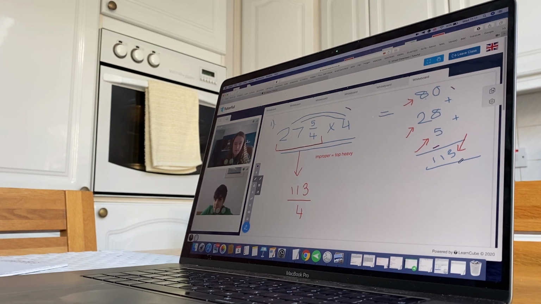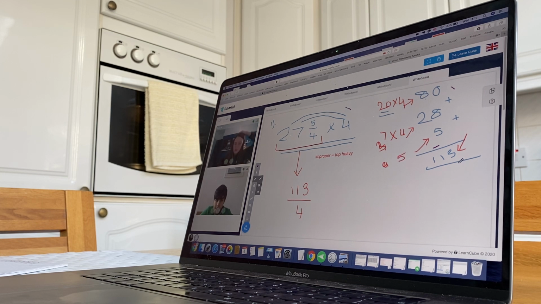We did the 7 times 4 plus the 20 times 4 plus the 5, which is the exact same method. So there's one use for it, but they might just crop up when you're doing other random questions.